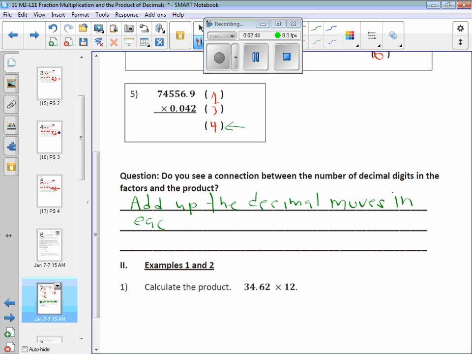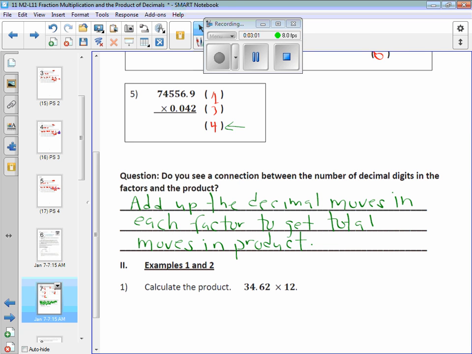That's what these 2 numbers are that you're multiplying together. I'll read it out loud to you when you get caught up. It says add up the decimal moves in each factor to get total moves in the product.